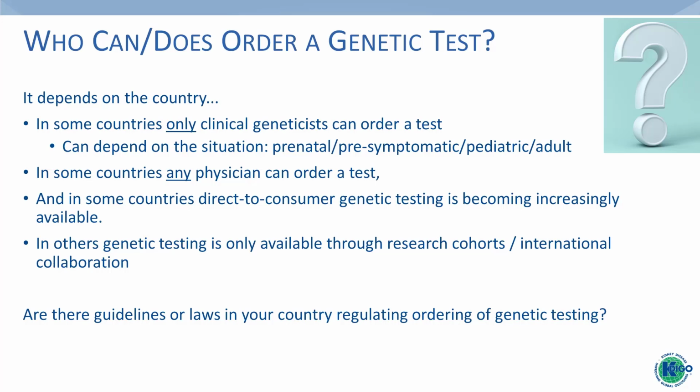Who can order a prenatal test or a pre-symptomatic test in minors or in pediatric cases can be a different specialist than somebody who's also allowed to do testing in adults. In the Netherlands, the rules are not so strict. The rule says that if you're a doctor and you think you are competent, you can do this.